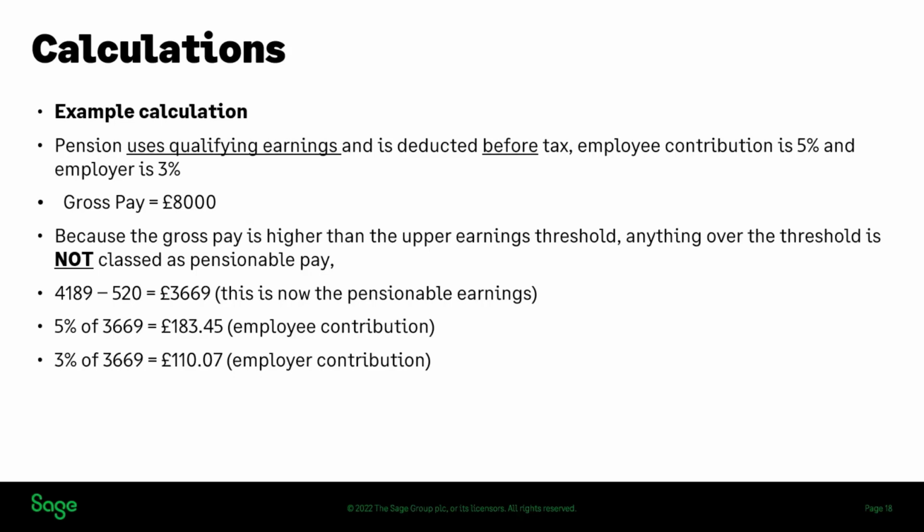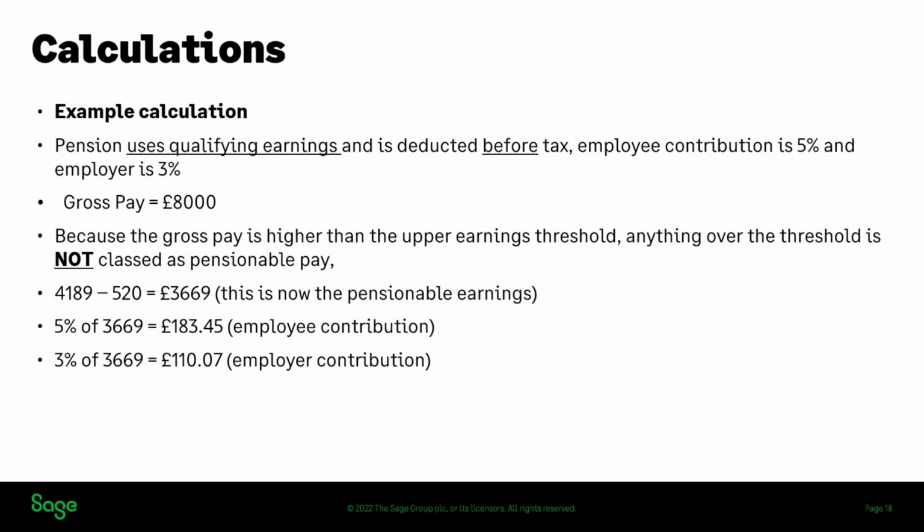Okay, so because the gross pay is higher than the upper earnings threshold, anything over the threshold is not classed as pensionable pay. So what we have to do in this scenario is take the upper earnings threshold, which is £4,189. We then deduct the lower earnings threshold, which gives us £3,669. Now this, in essence, is the maximum pensionable pay for any scheme that uses qualifying earnings.